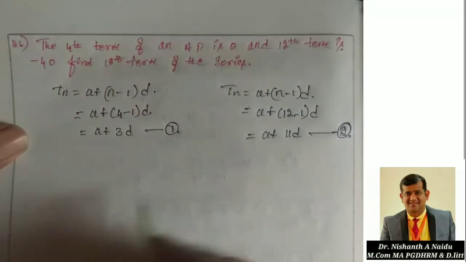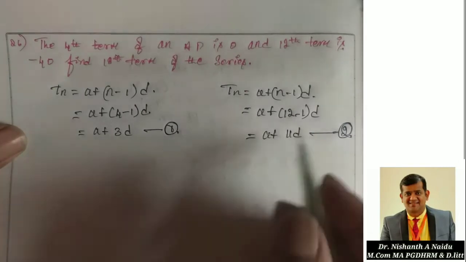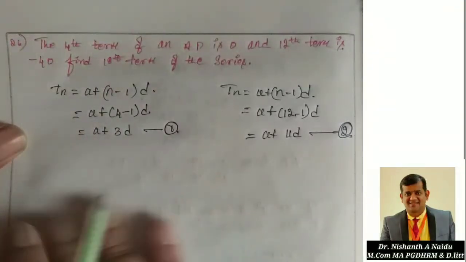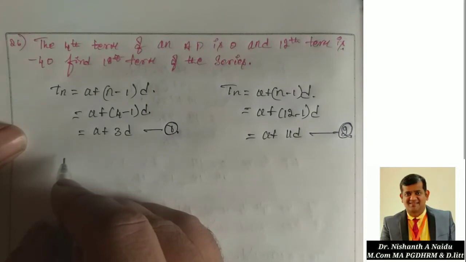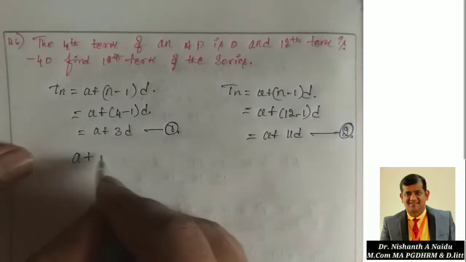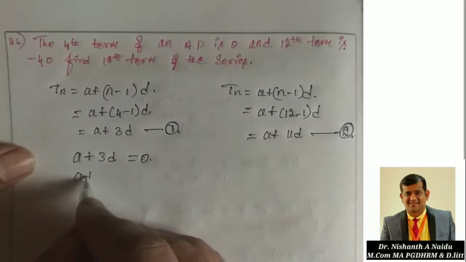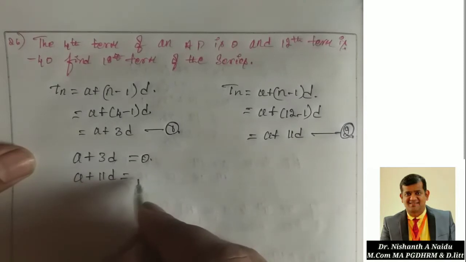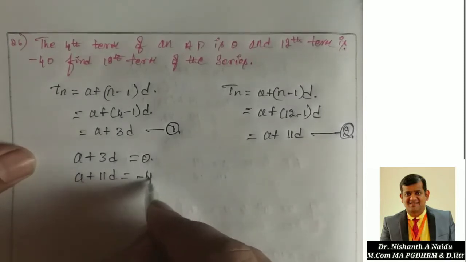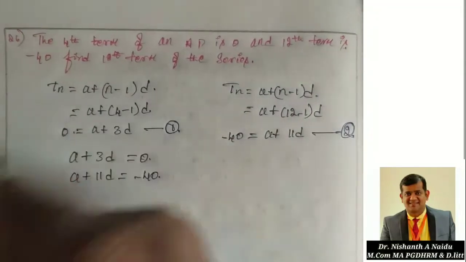Because the value is 0, I have just taken it directly. Now subtracting the equations: a plus 3d equals 0, and a plus 11d equals minus 40. This is equals minus 40 and this is 0, right?